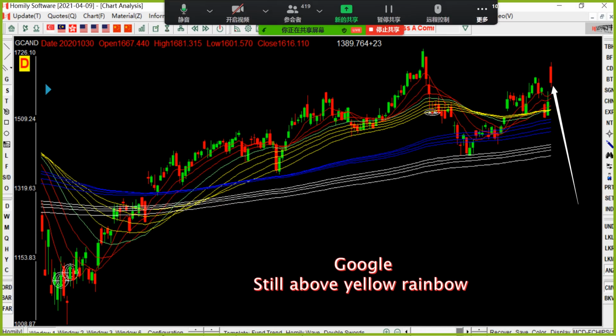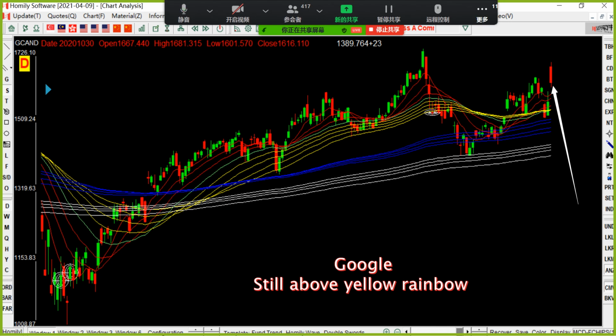For Google, last night all the other big tech companies dropped because of weaker quarterly earnings, but only this share rose up. I have already shared with you my personal point of view.